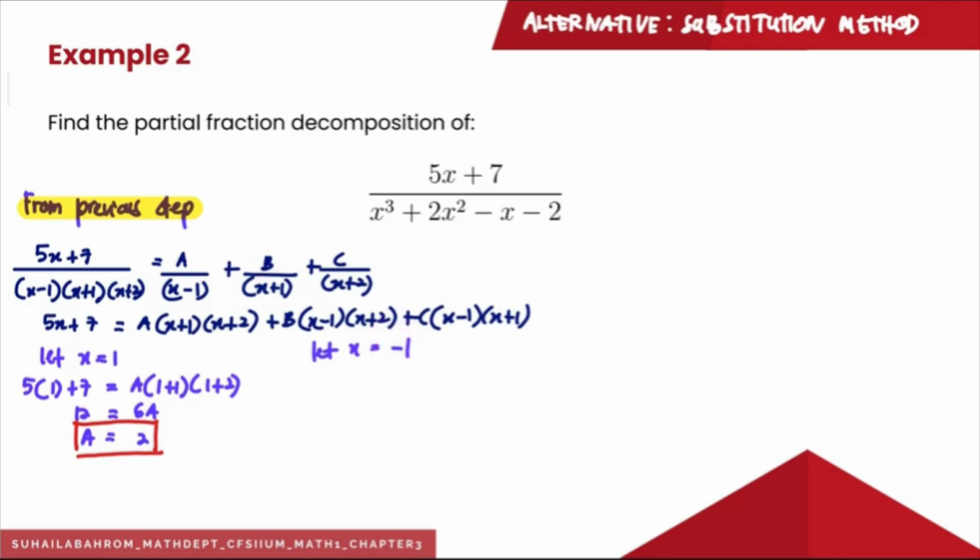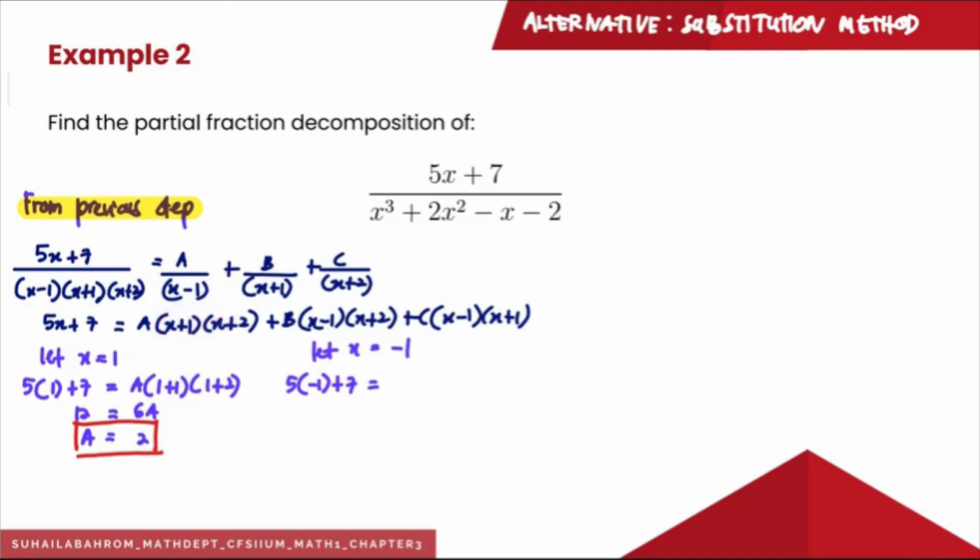Again, we just repeat the same step: 5 times negative 1 plus 7 on the left hand side. On the right hand side, when you substitute negative 1 into the term containing constant A, negative 1 plus 1, the term of A becomes 0.